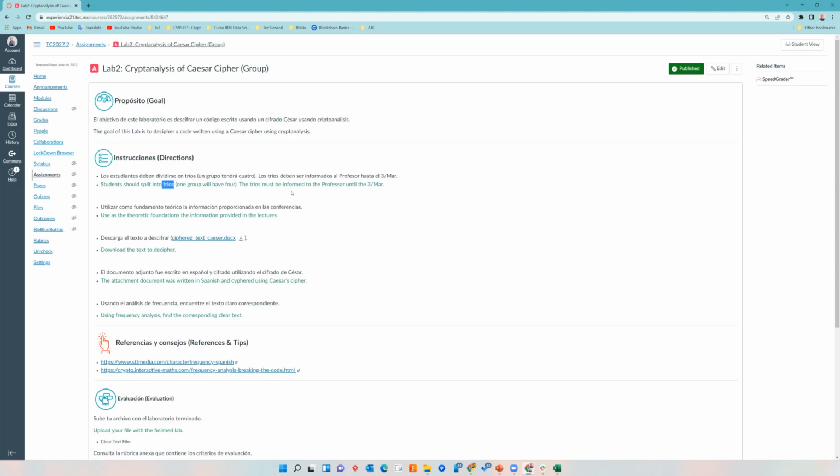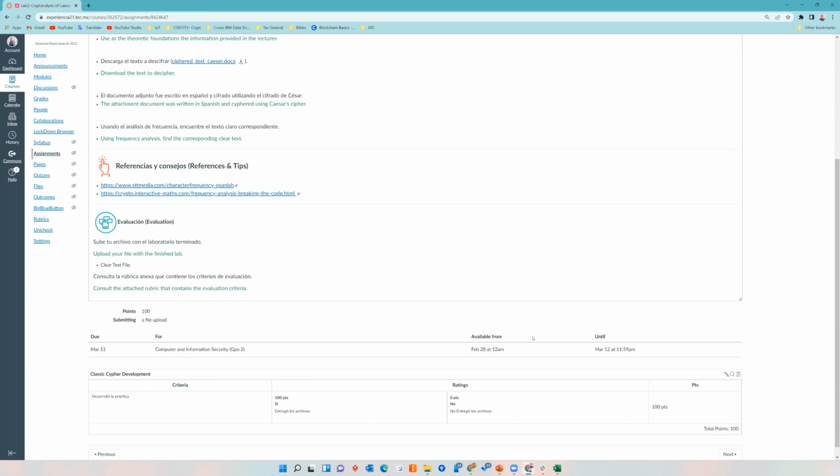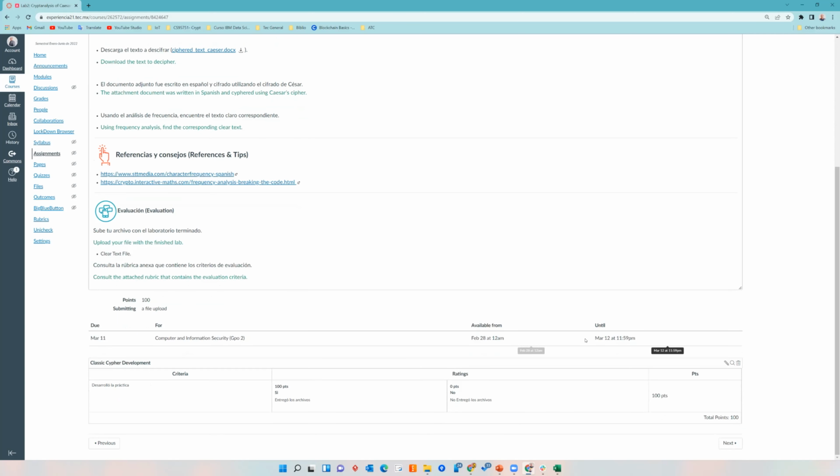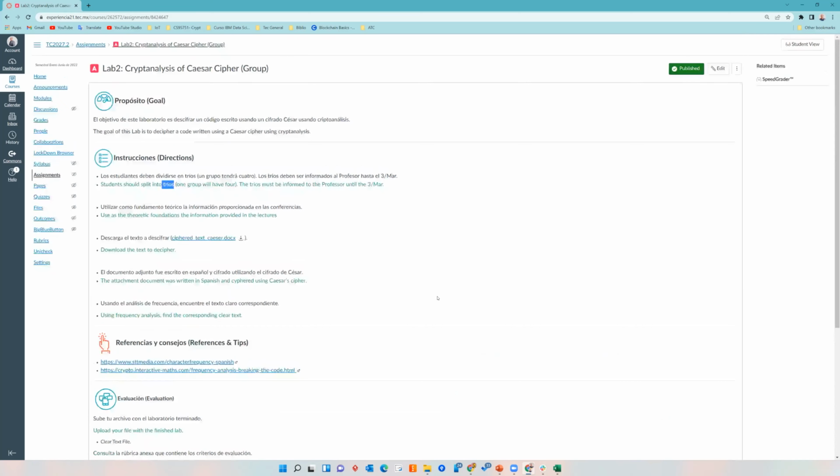You divide in groups and need to inform me by Slack what's the group organization, okay? Who are the members of the group, okay? Please select a name, any name that you want, and this evaluation is due until March 12th, okay? It's very simple, okay?